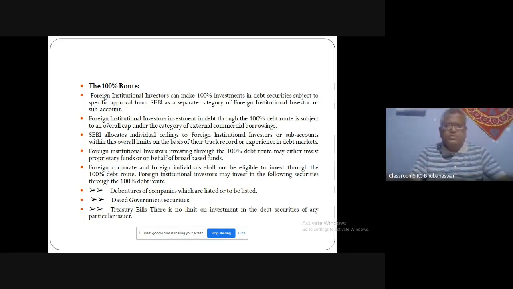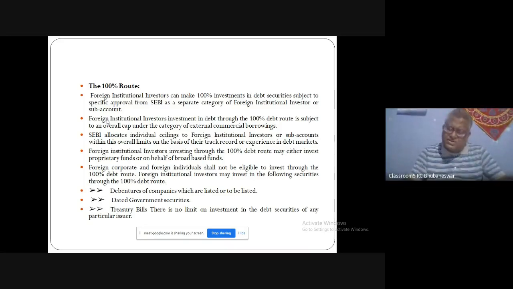It approves or checks the particular type of foreign institutional investor, or sub-account, or external commercial borrowings, or broad-based funds, or the 100% debt route segment through a fund arrangement, that is debentures and dated government securities.